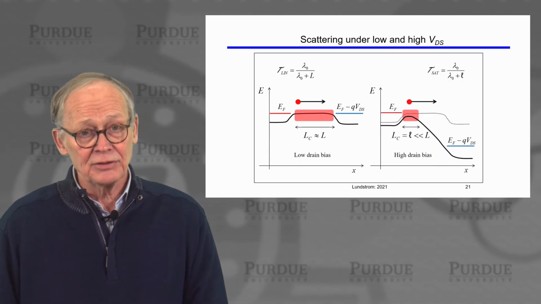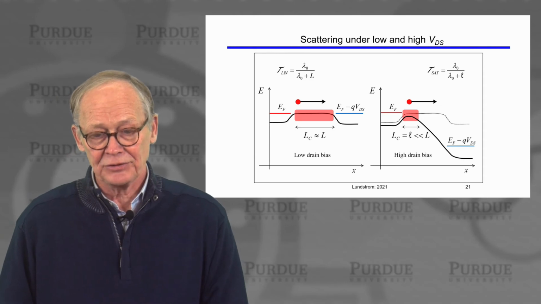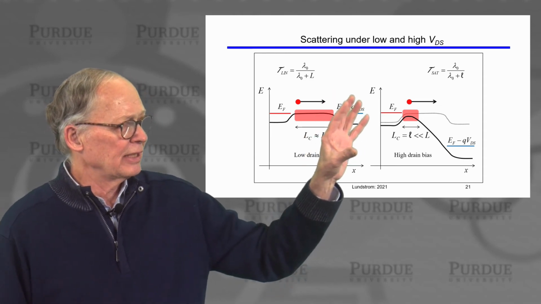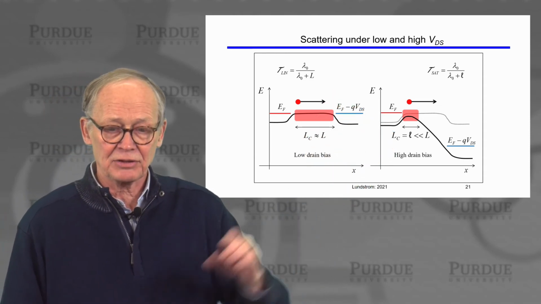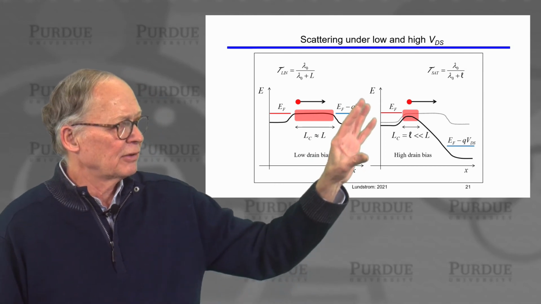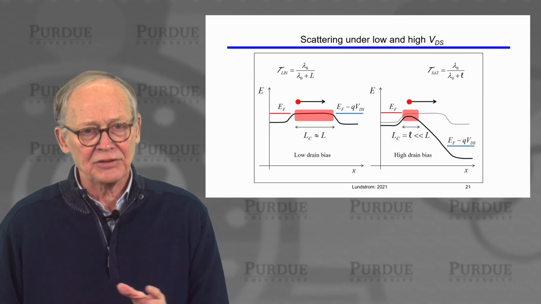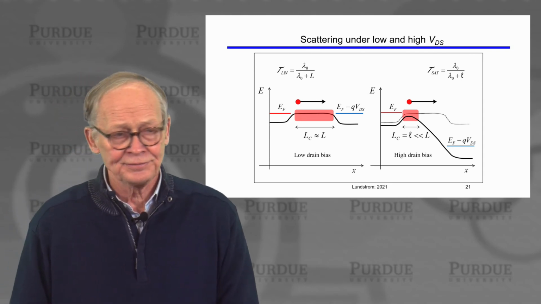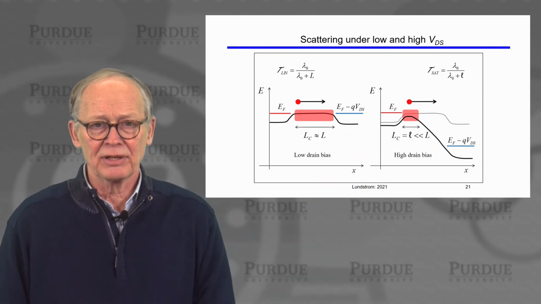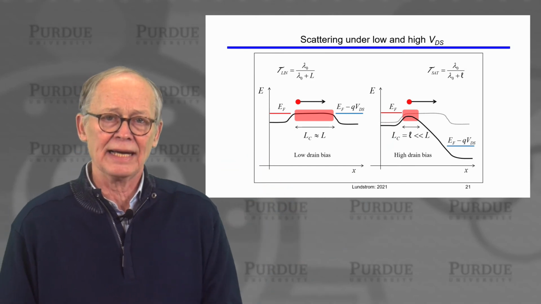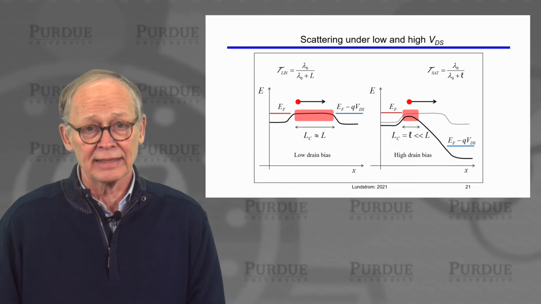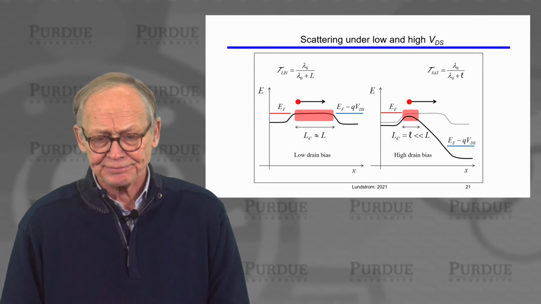Now, if we look under high drain bias, in a properly designed field effect transistor, we'll find that there is a region near the virtual source where the electric field in the x direction along the channel is low, where the height of the potential barrier is strongly controlled by the gate voltage and weakly influenced by the drain voltage.